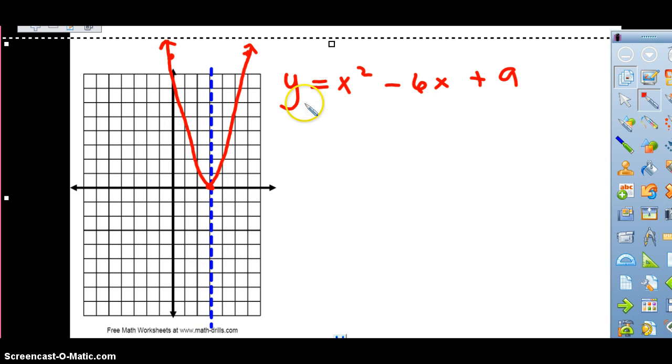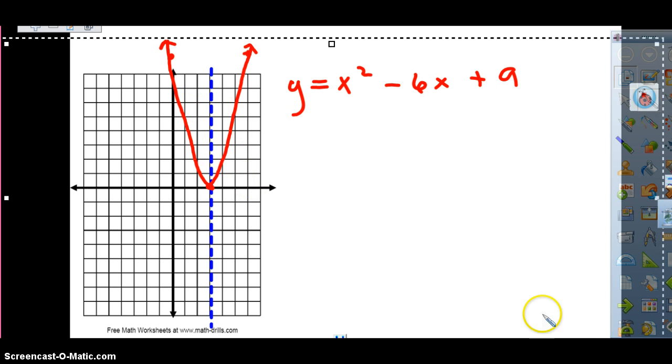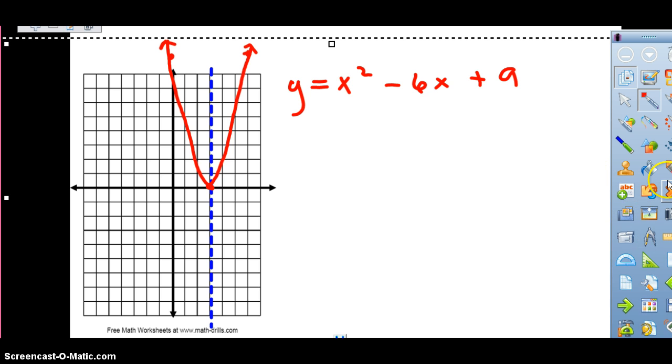If we need to find how many solutions to y equals x squared minus 6x plus 9, we can see that this parabola touches the x-axis at one point only. That means there is one solution.